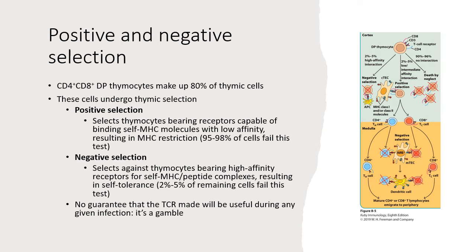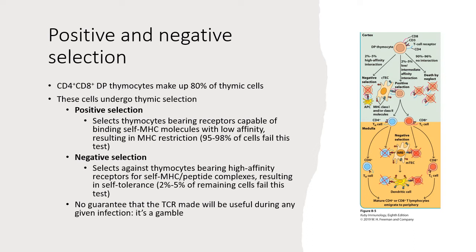Next comes negative selection. Negative selection is going to eliminate the cells that have high affinity receptors. So you want low affinity, but it'll basically take any affinity at positive selection. It's like, look, you can bind self-MHC. Cool, you pass this part. The negative selection eliminates any that bind too strongly.